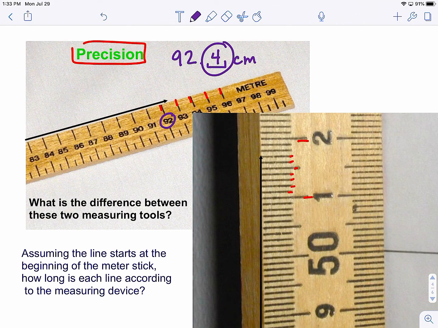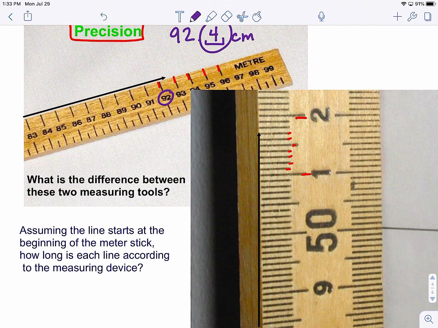Okay. Now let's measure this line down here, again assuming that the line starts at the beginning. We know with certainty, it looks like this goes right past this 7 millimeter mark. So we know 51, and since it goes a little bit past that 7 millimeter mark, we know 51.7.